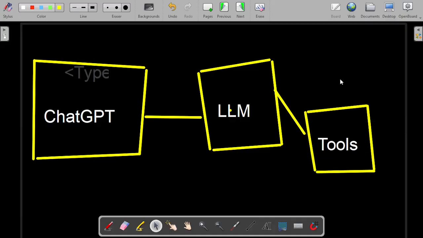If you remember the first scenario, if we don't have tools integrated with the LLM, ChatGPT is going to just fetch the information from the LLM and respond to us.